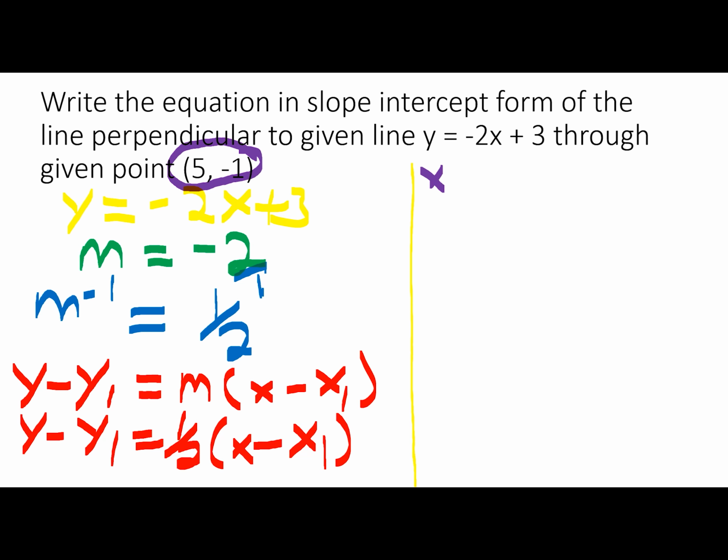So x1 is 5, y1 is negative 1. Remember, look at alphabetical order: x comes first, then y. Now we plug it into the point slope form equation.